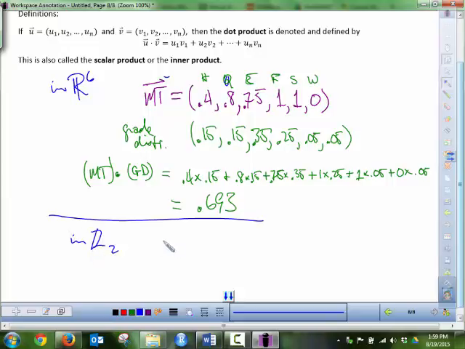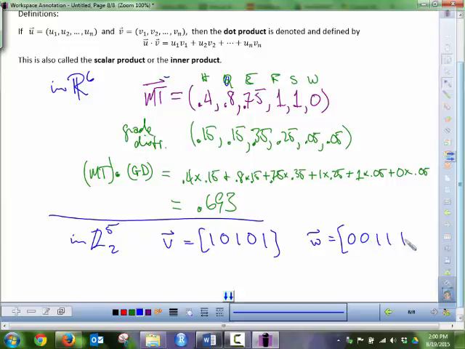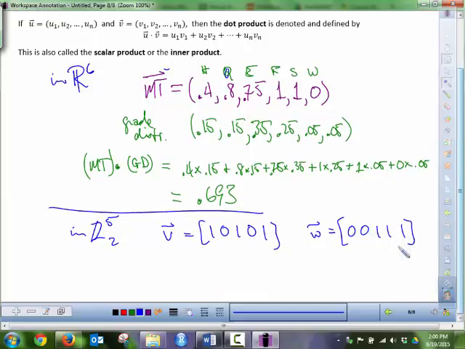One more dot product. Let's say we had a vector in GF2, a 5-vector in GF2. So we could take the dot product again.